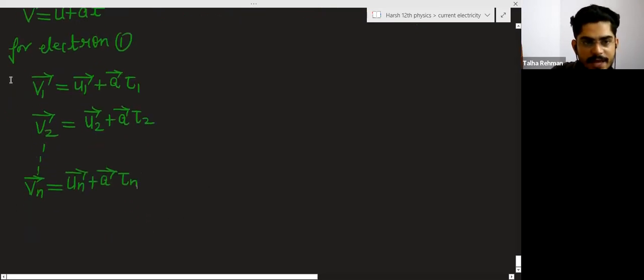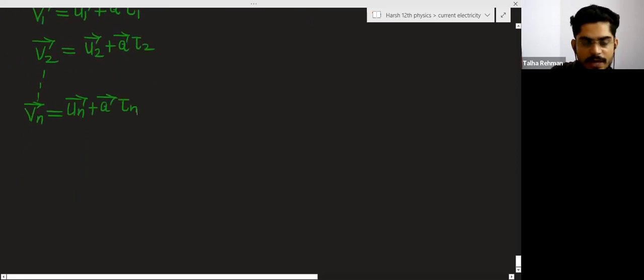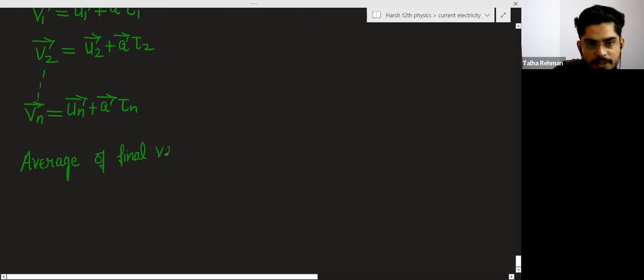Now if I take the average of V1, V2, V3, up to Vn, the average of the final velocities, I represent it as V average.